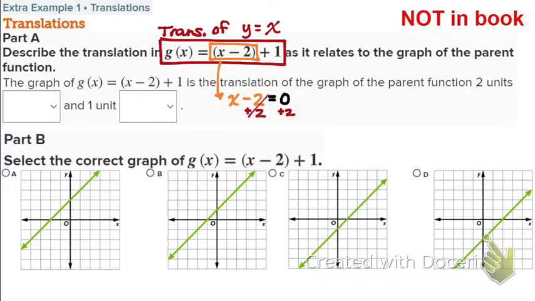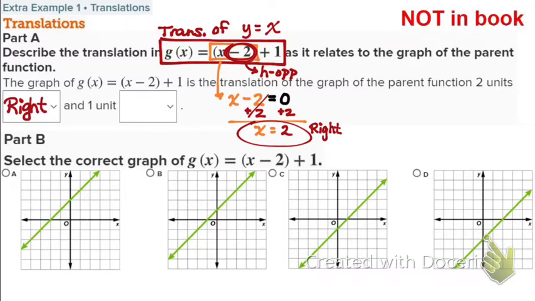And so I would get x equals what? X equals 2. Is that a positive or a negative? Positive. So we went which way? We went to the right. Remember, inside my equation, what I see right here is the opposite sign of what it's going to come out to be every single time. So we went 2 units to the right.